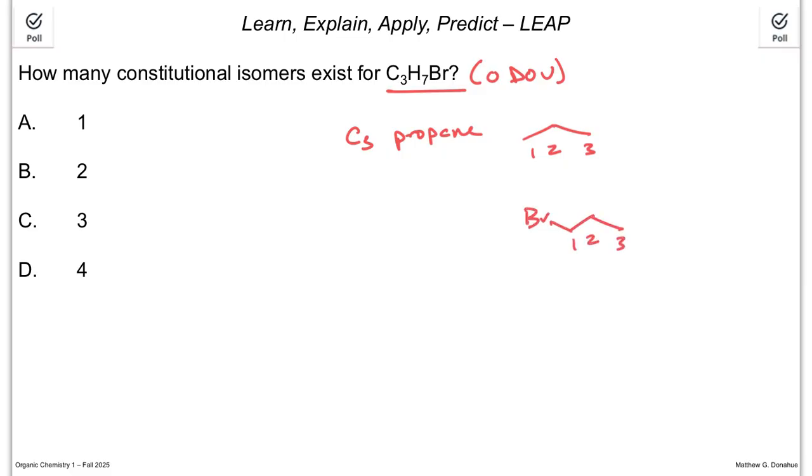And so that would be called 1-bromopropane. Then the other isomer would be at the 2 position, and that would be 2-bromopropane.